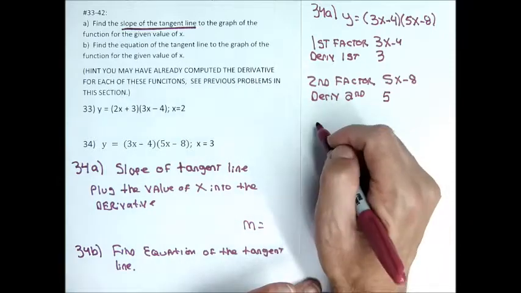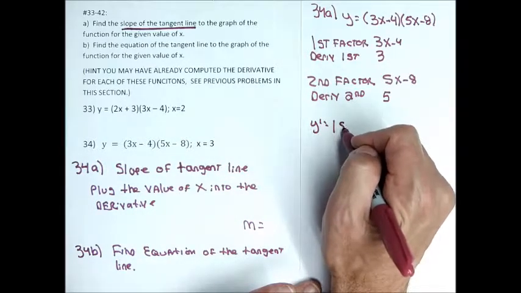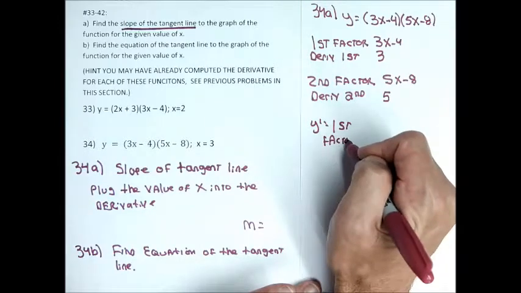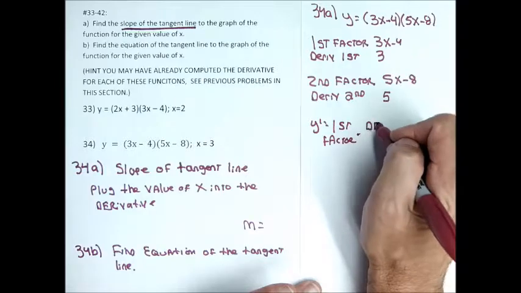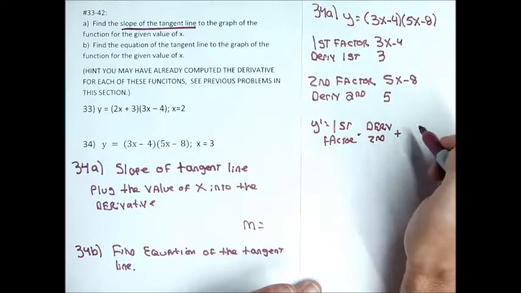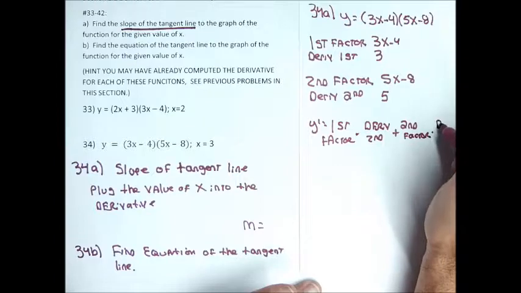And remember, the product rule says the derivative is the first factor times the derivative of the second factor plus the second factor times the derivative of the first.